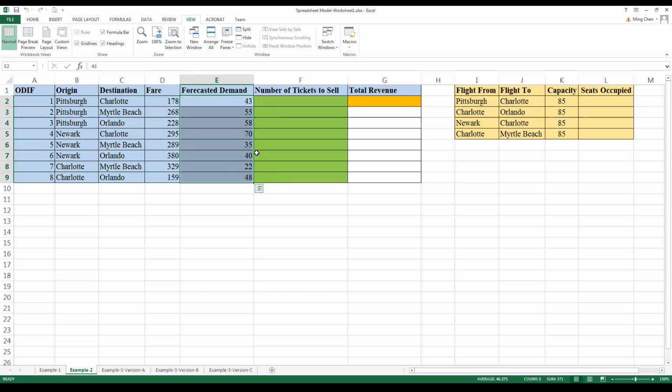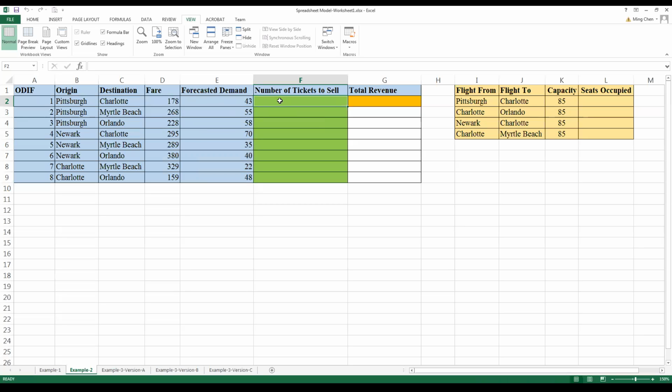Now we have to make decisions. So what decisions do we have to make? How many seats we want to sell to passengers for each different OD pair. For example, for the first OD pair, Pittsburgh to Charlotte, based on our forecast, there will be 43 passengers who might be willing to buy a ticket. The question is, do you want to sell 43 tickets?